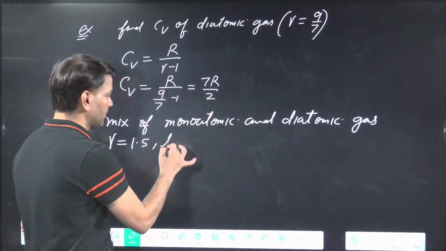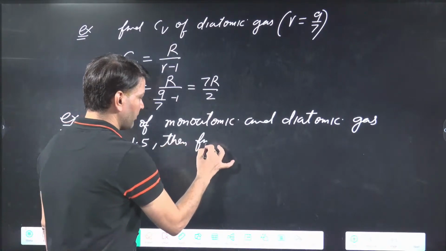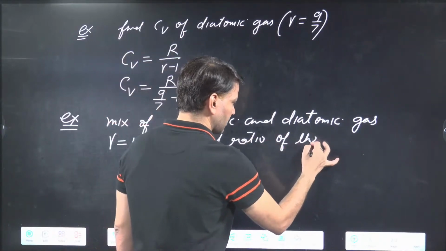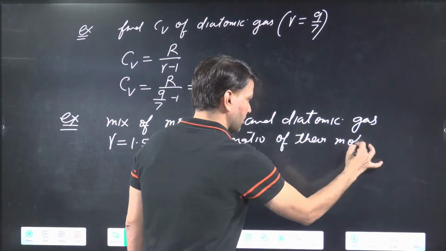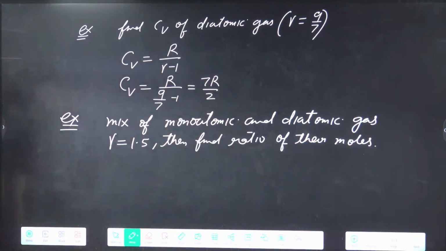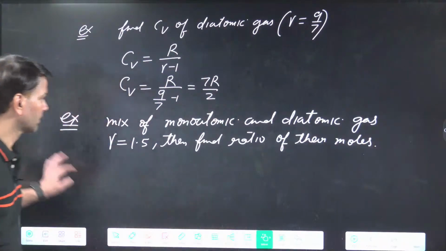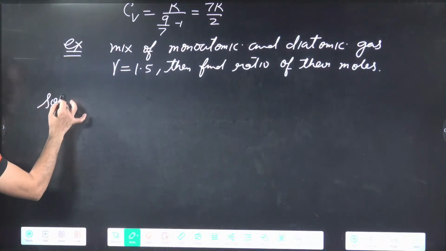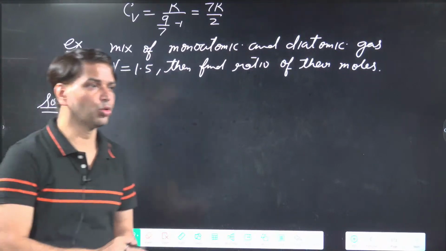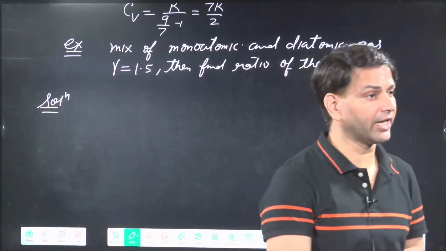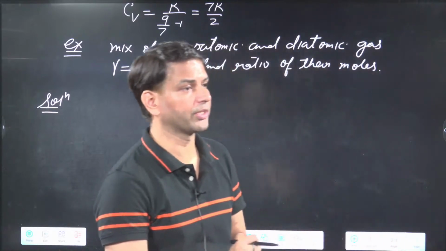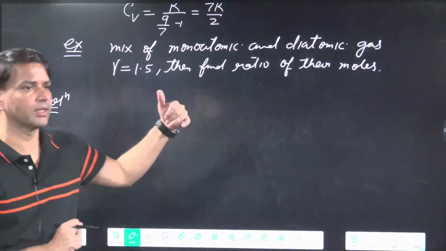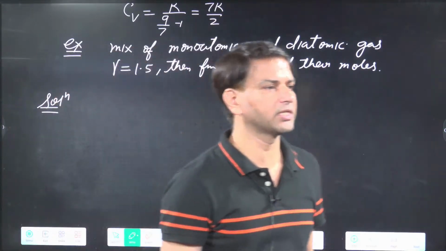Then find the ratio of their moles. Here I have given the gamma of the mixture, and two gases, monatomic and diatomic, are mixing, but they have not given the moles. So they are asking the ratio of the moles. Suppose I take the mole of the monatomic as N1 and the mole of the diatomic as N2.